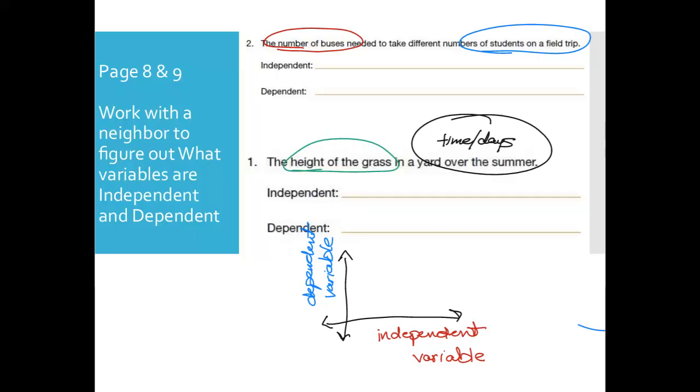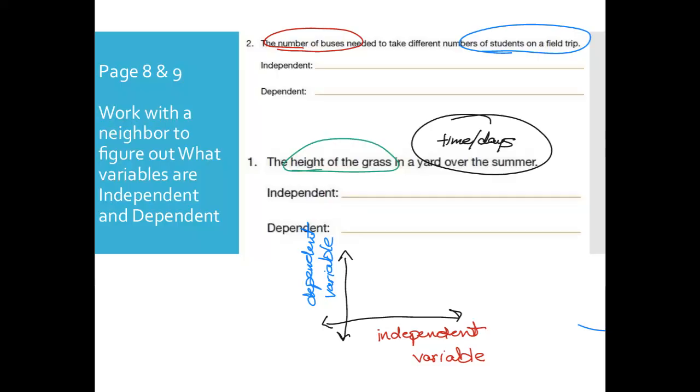And let's see. So the number of buses determines how many students are going on the trip? Yeah. So it's like bus 1, bus 2. And then the students are how many are in each bus? Well, we're not talking about how many are in each bus. But it's like, okay, I have 7 buses. So 7 buses, is that going to determine how many students I can take?